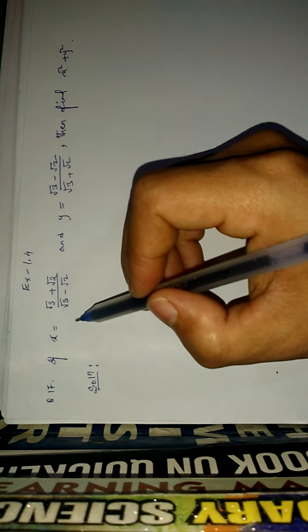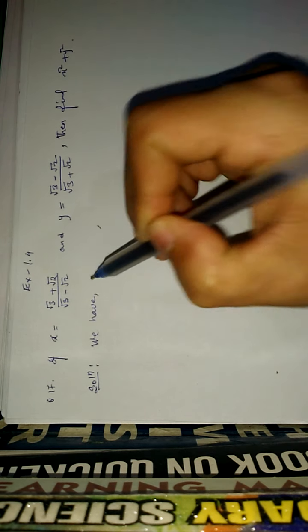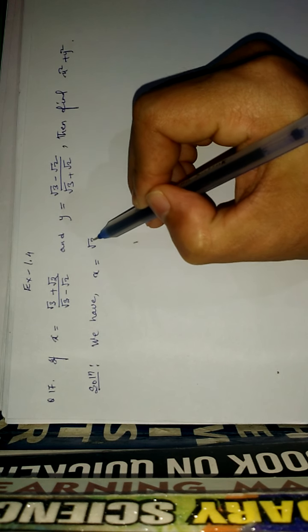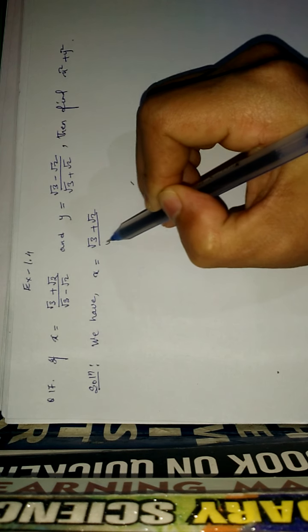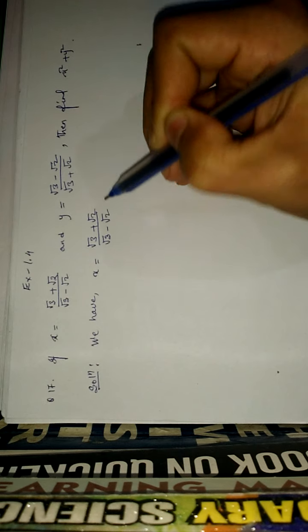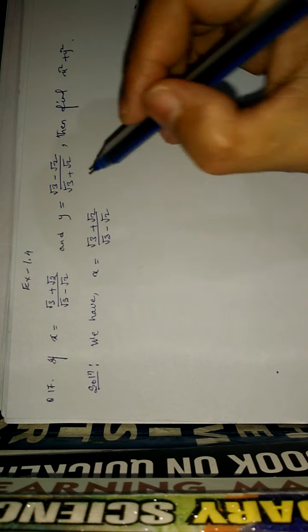See, here we have x value, that is root 3 plus root 2 divided by root 3 minus root 2. Okay, then let's rationalize this x value first.